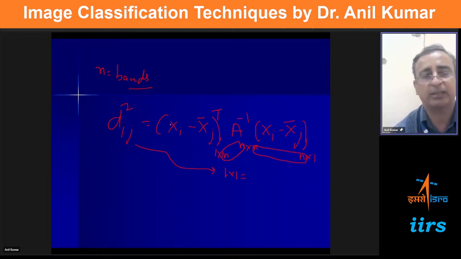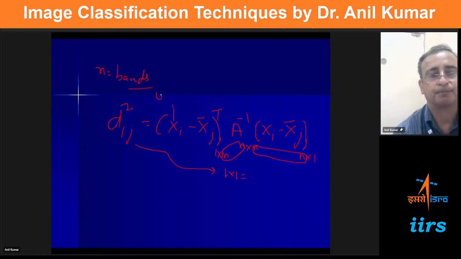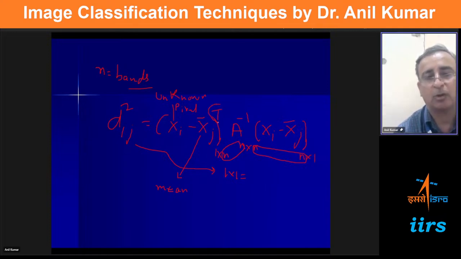Now here, this is your unknown pixel. This is your mean, as I told you previously. This is the transpose operation in the matrix.